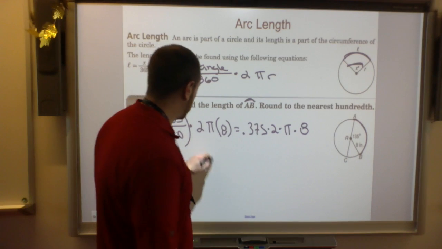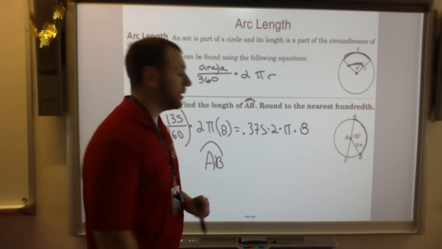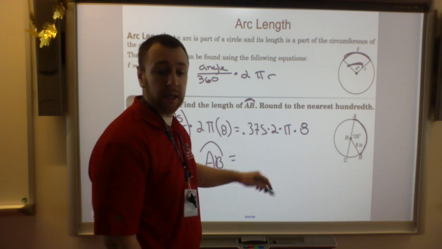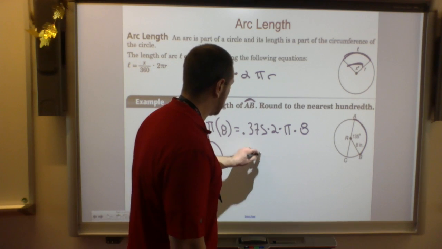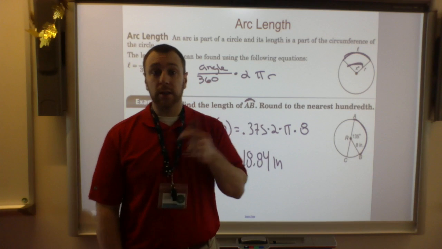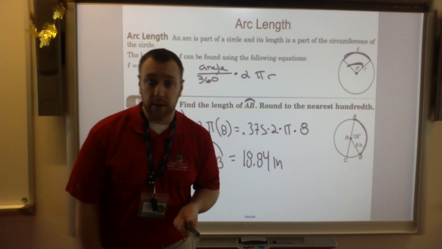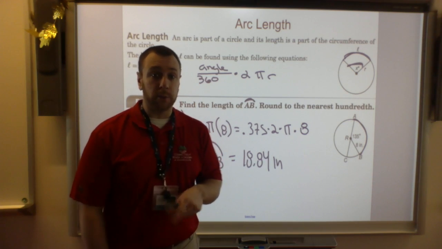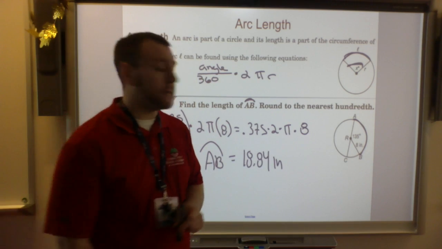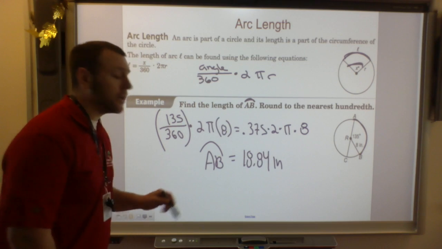And you should come up with the arc length AB, that curve there, that portion, is 18.84 inches. Now, I used the pi button on my calculator. You can use 3.14, and your decimals are going to be slightly different than mine. So that's how you find arc length.